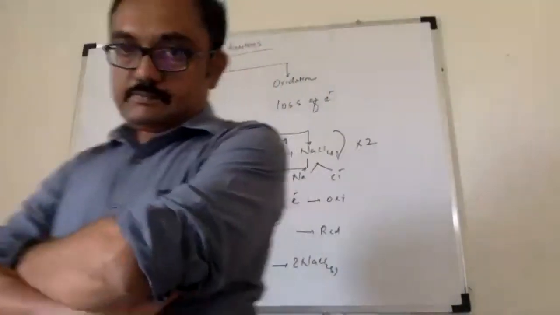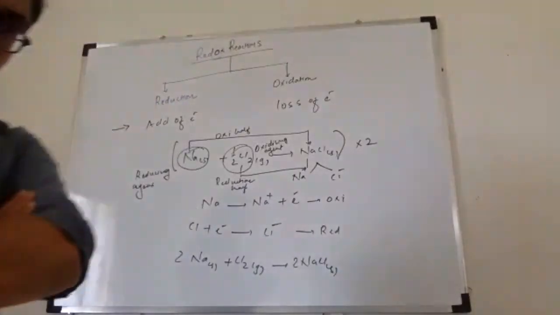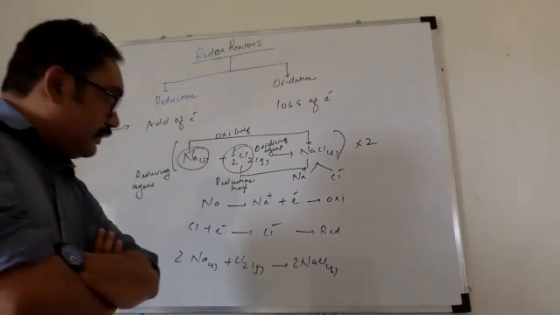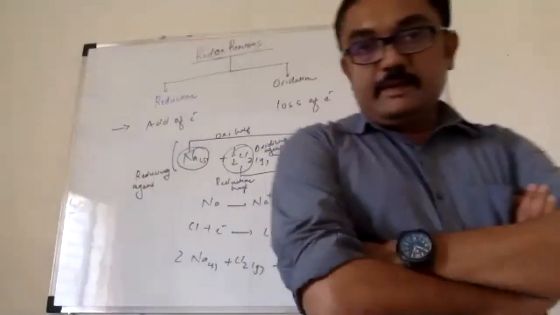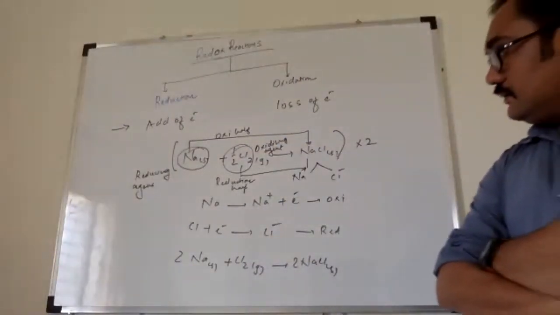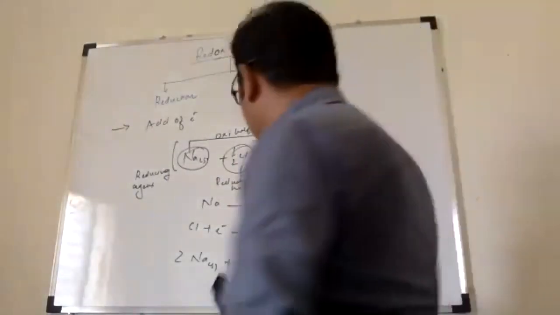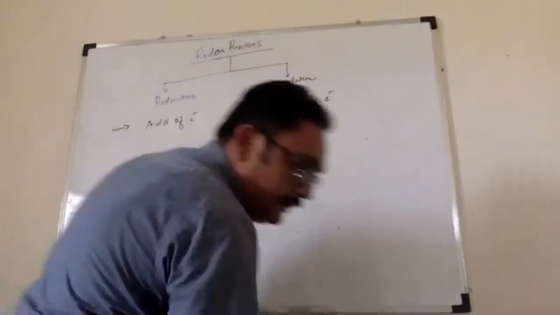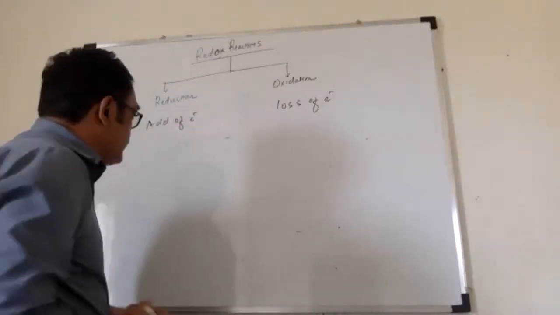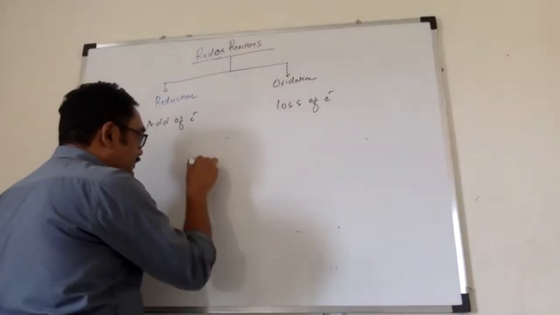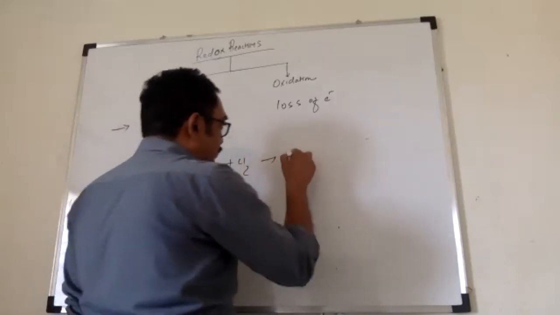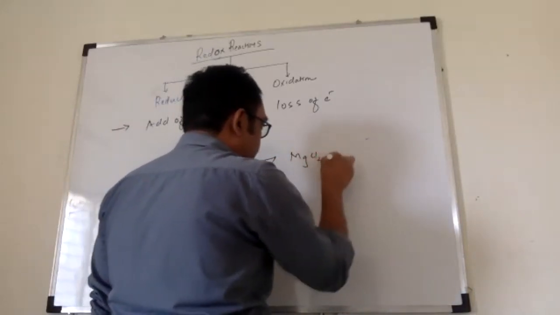Done, sir. So it was a simple question like NaCl. I hope all of you have done it. The equation will be like this: Mg and Cl2 combine to form MgCl2.